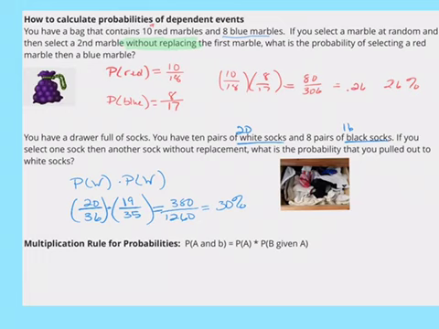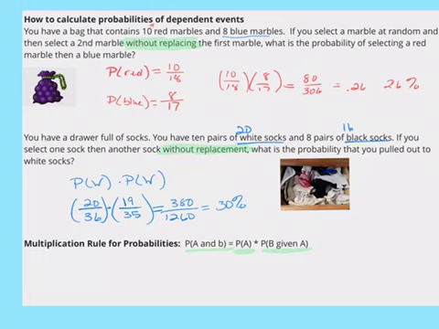What we did in both cases, and notice that both of those cases were without replacement, so we knew it was dependent, to figure out the probability of the 2 events happening, is we took the probability of the first event and multiplied it times the probability of the second event after we took care of the effect that the first event had on it.